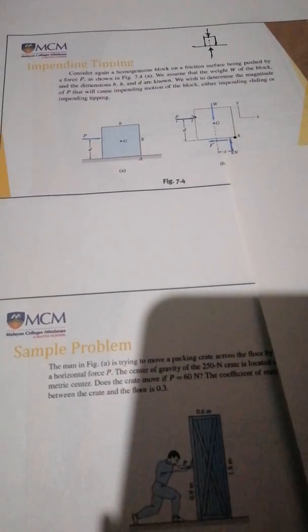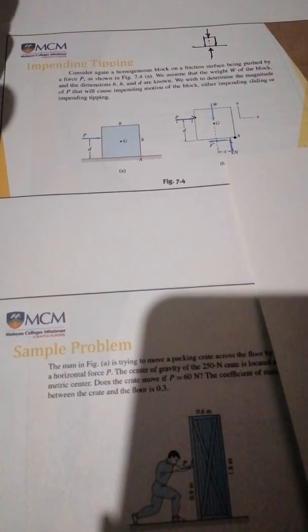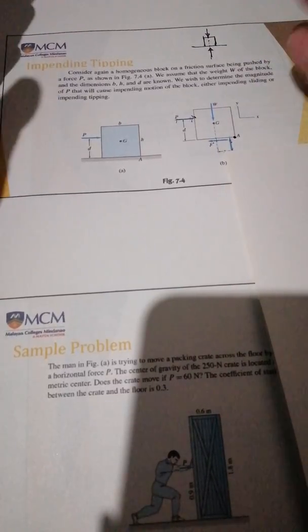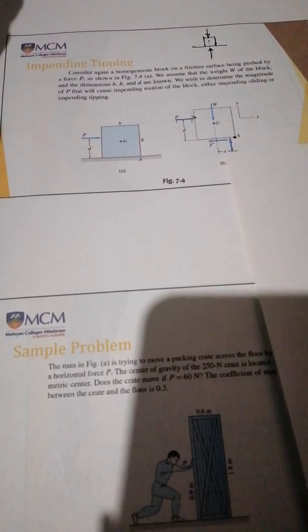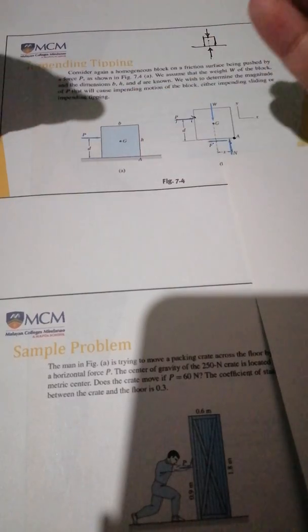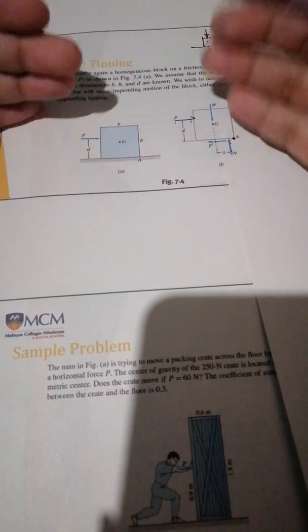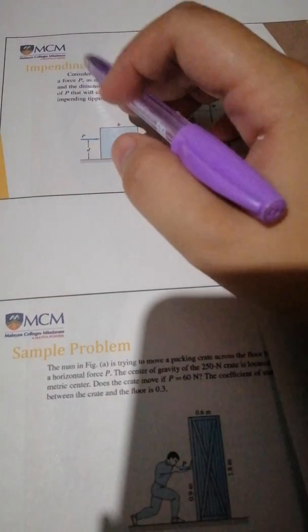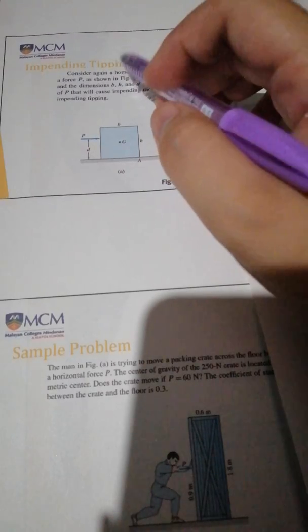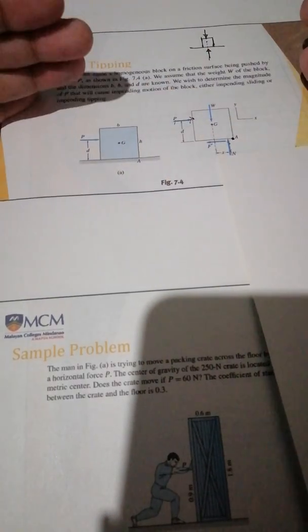Now, in our previous examples, we considered only the possibility of sliding, whether it is sliding or not. That would give us the conclusion as to whether it is in the static case, impending sliding, or dynamic case. But what we did not consider is the impending tipping, or the possibility of tipping, whether it tips or not.